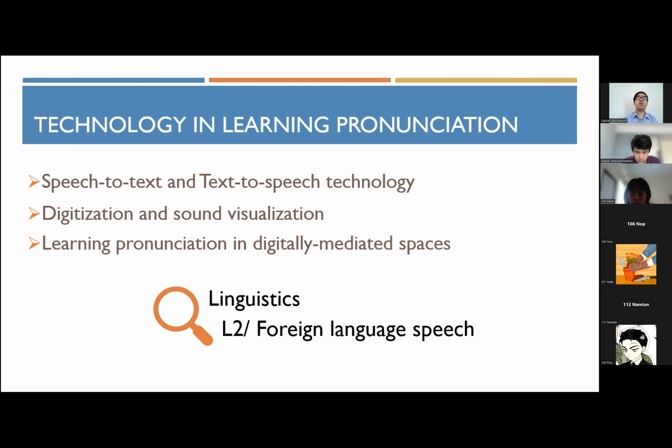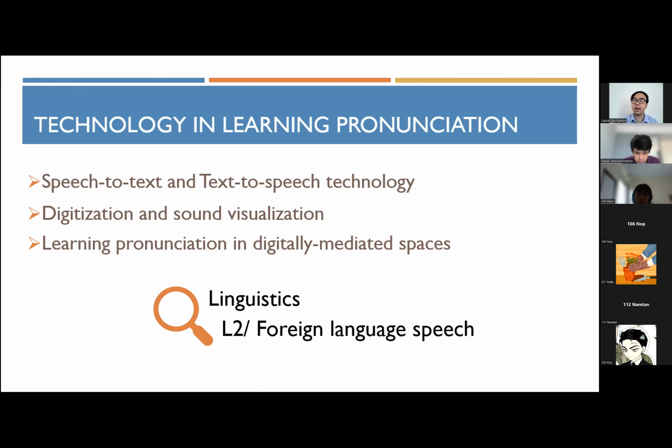And apart from text-to-speech and speech-to-text technology, we have digitization and sound visualization. When you visualize something, you use a different mode of observation. For some distinctions perceived with the auditory cue, you may think the difference is this way, but when you represent it visually, you see that the difference could be another way.